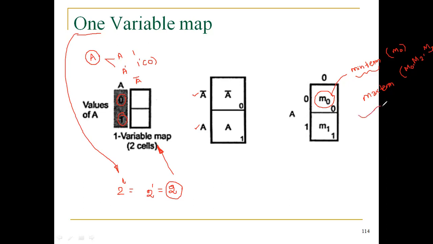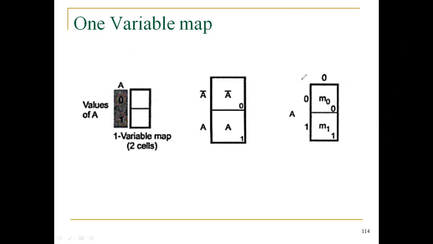This is called the prime implicant representation. We will see what prime implicants and essential implicants are after solving one or two problems, or in the forthcoming slides. So this is the one variable method of Karnaugh map.